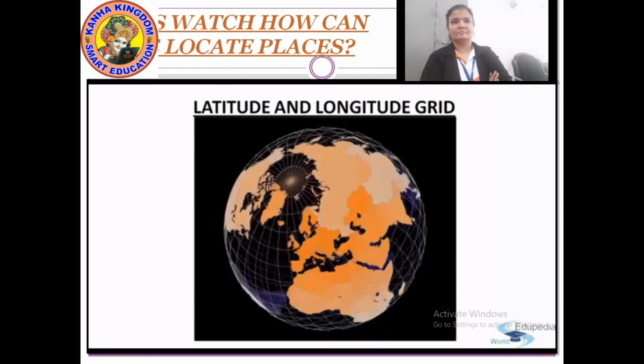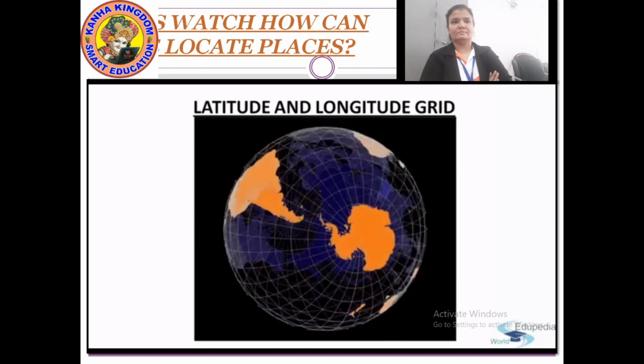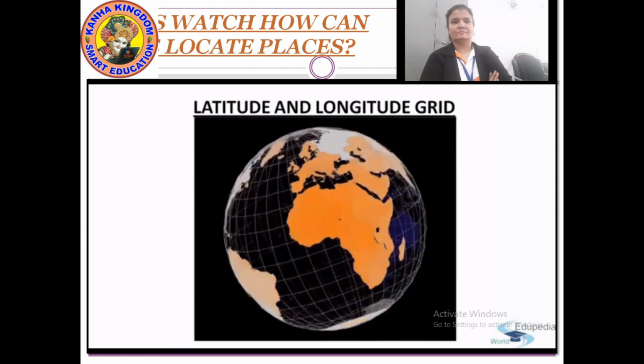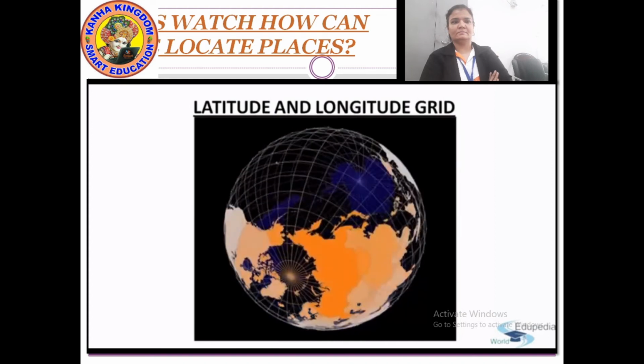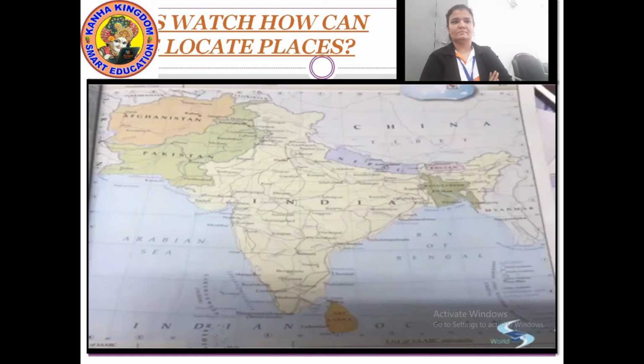But in order to locate a place, we need to know its exact longitude and latitude. The location is the place where these two lines intersect and is unique for every place on Earth. Let's take a map of India and try to find a place based upon its longitudinal and latitudinal information.